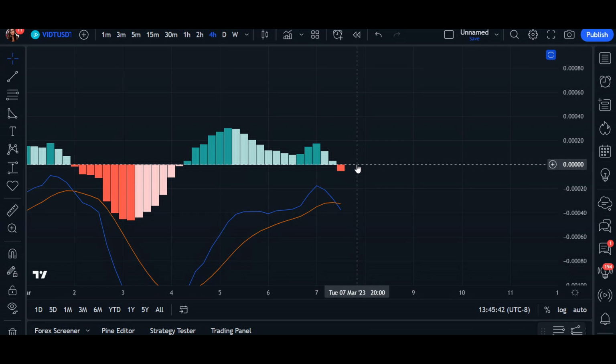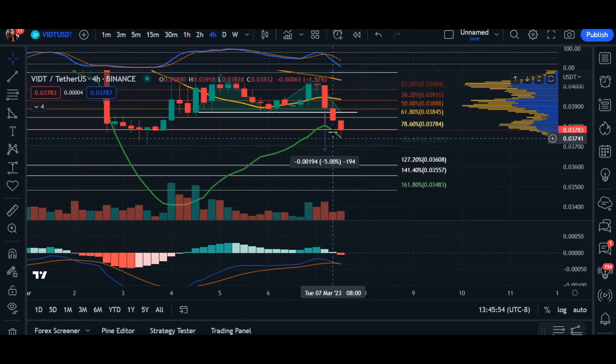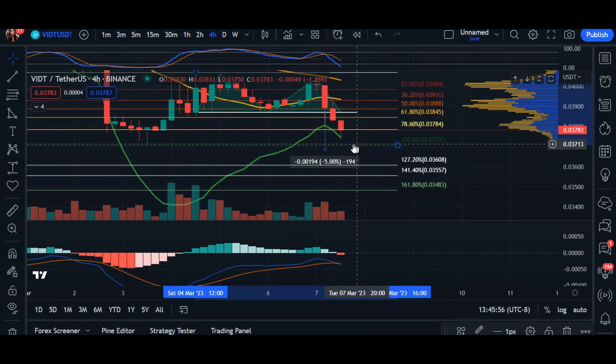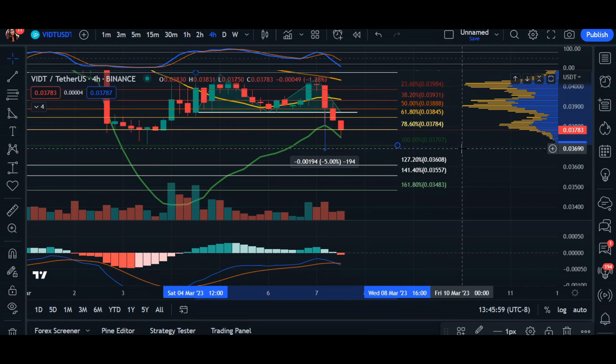So it is going to continue this bear trend. But most importantly, depending on the outcome of these histograms, how big they become, we can see the waves over here. If it does become a bigger wave, then we aren't going to be holding that area of support at the 3707. We are most likely going to come down to our next fib retracement here at 0.03608.